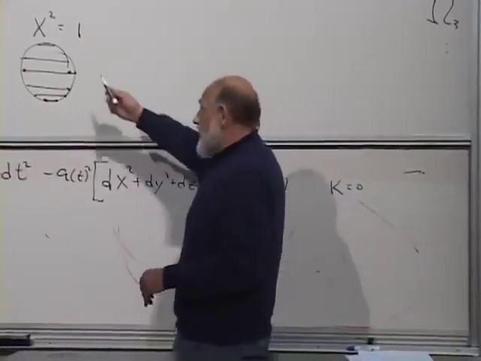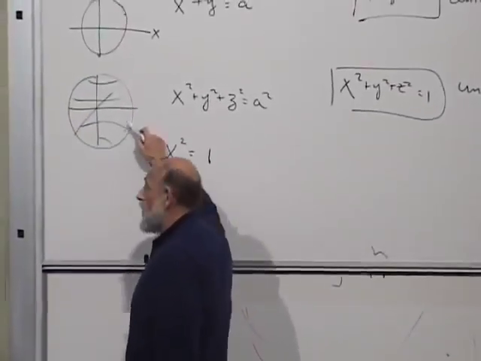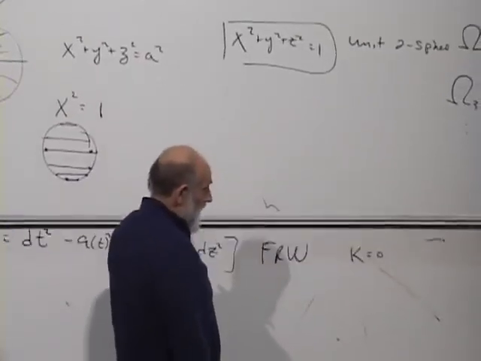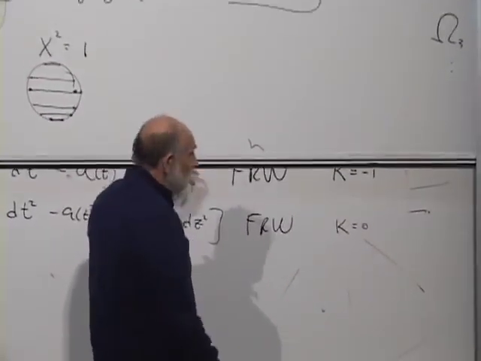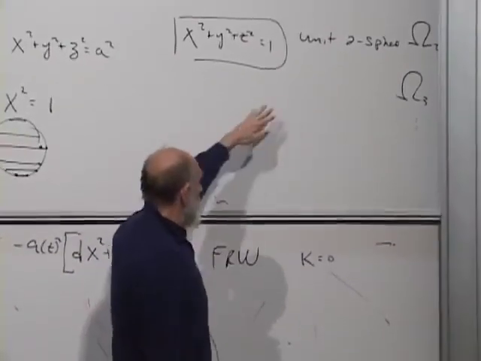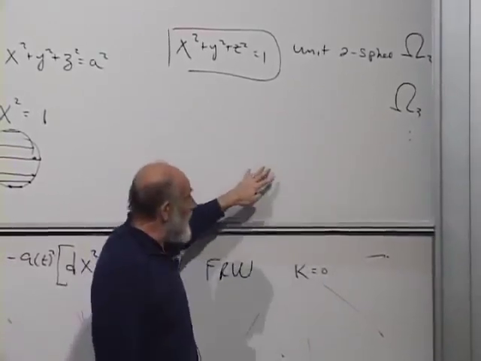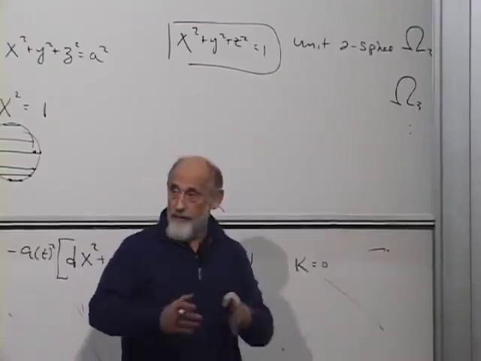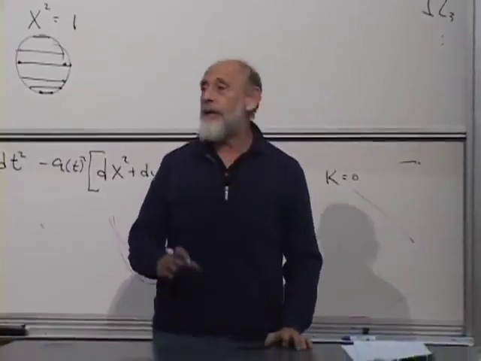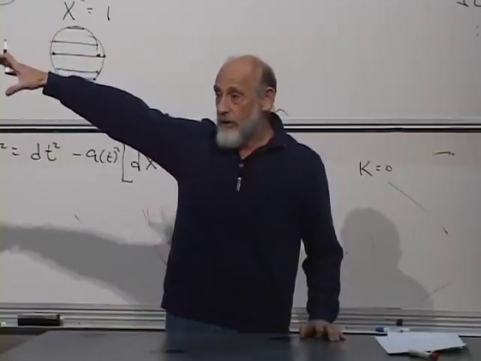Then, of course, on the sphere, it takes a finite amount of time for a signal to go from the North Pole to the South Pole, but on the projection, the North Pole looks like it's an infinite distance away. It's not really an infinite distance away. It's just an infinite distance on the image. So that must mean that light rays go faster and faster the further out you are.